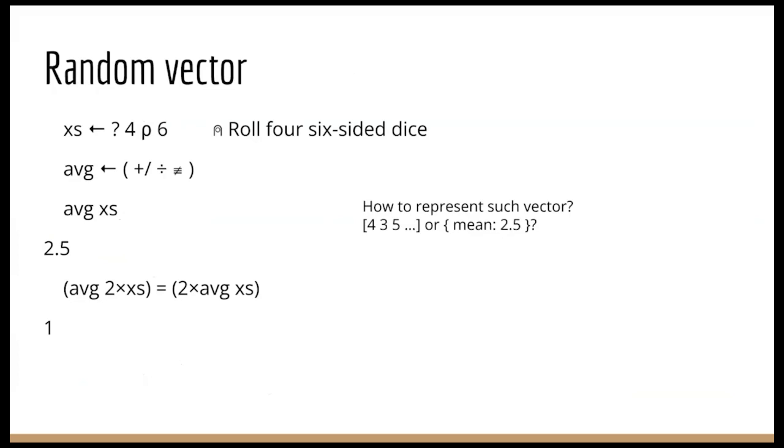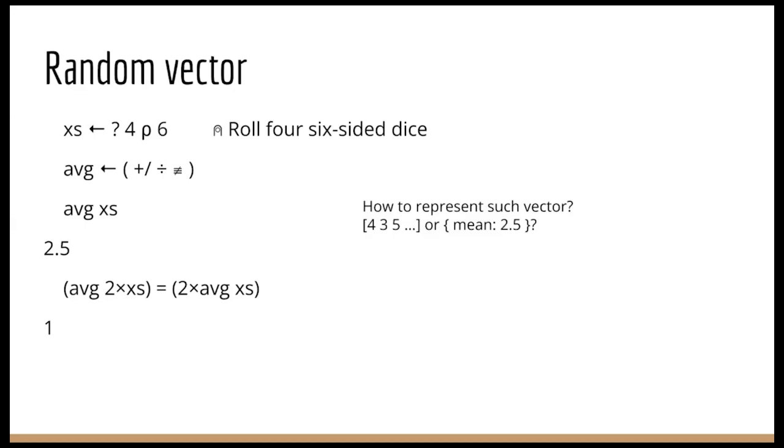It's also very useful in terms of representing state. So for example, let's say we have a random vector and we would like to perform some operations, like for example, we want to double all the elements in the random vector, or divide them, or I don't know, add some value to it.